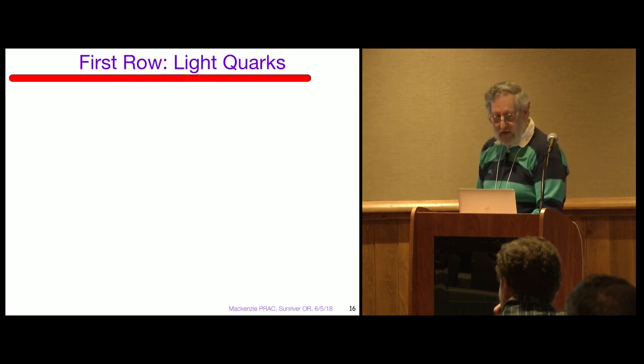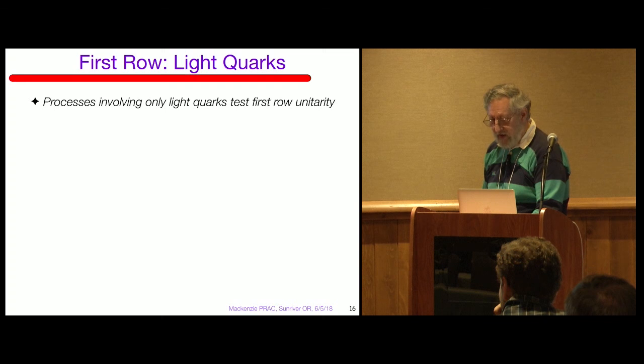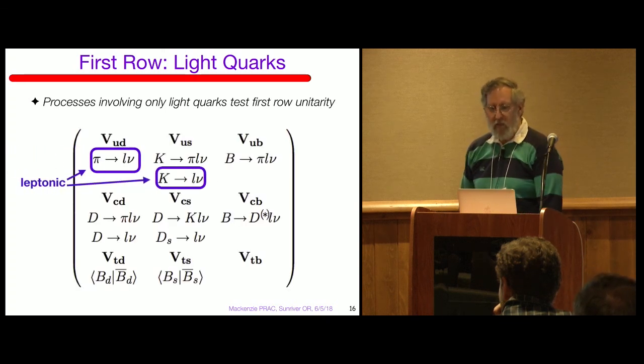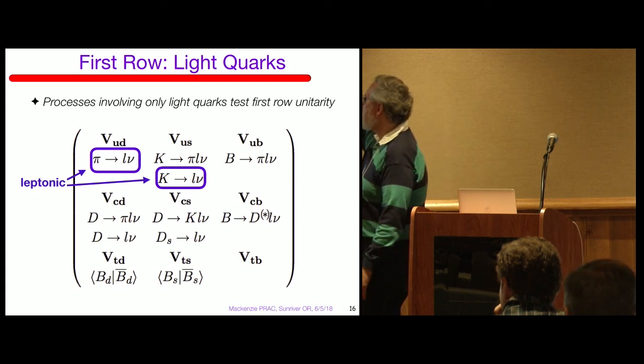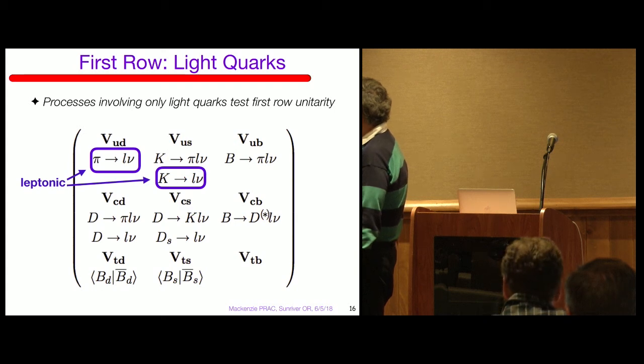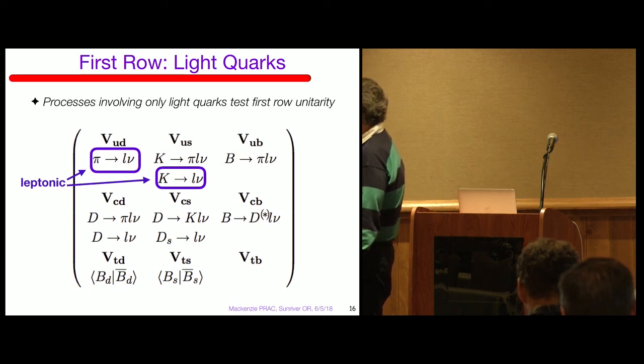But then it's people like me and the experimentalists who try to figure out what the values are in the matrix. Okay, so what I've done is the matrix is these bold values, and then below each matrix element I have some physical decays on which you could determine these CKM matrix elements if you can understand the strong interaction contribution.